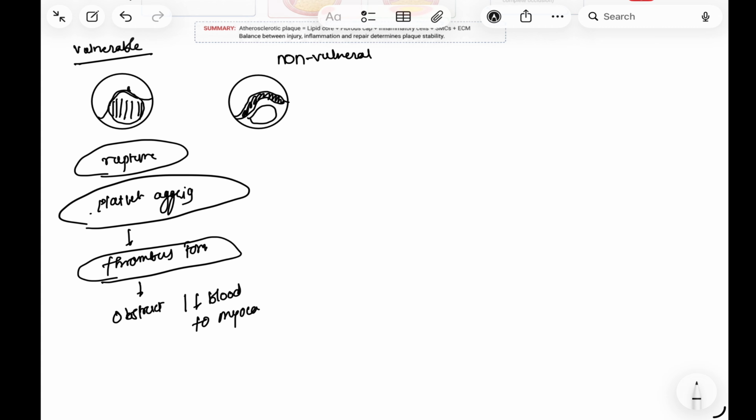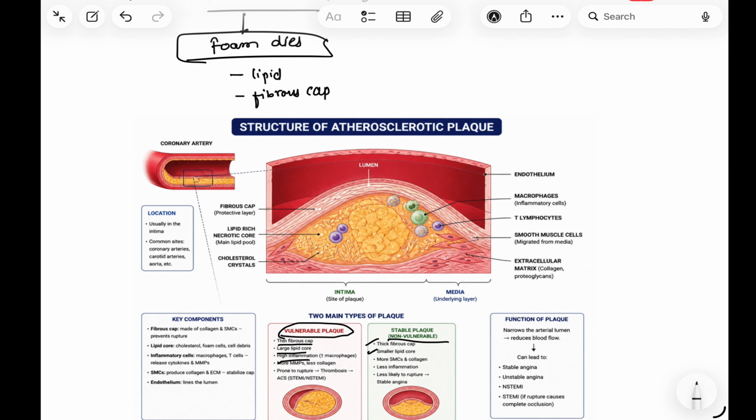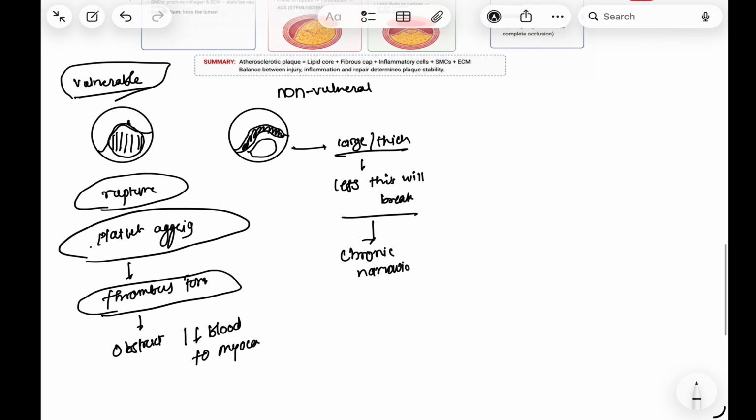On the other hand, non-vulnerable plaque will have a decreased lumen diameter, right? And since it has a thick cap, there is less chance that it will break. So this will result in chronic narrowing, and vulnerable plaque will be in the acute condition, like thrombus formation. Done. So this is about atherosclerotic plaque formation.